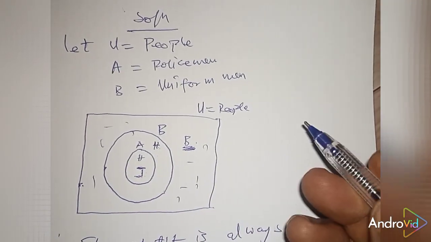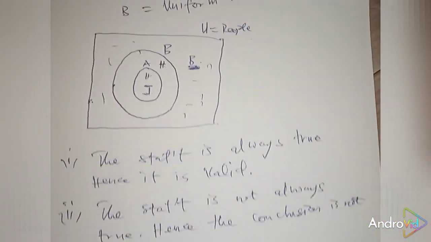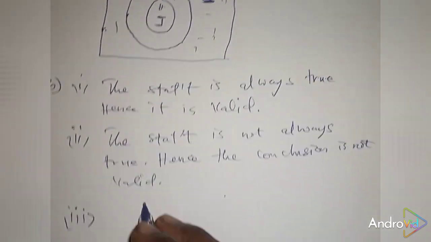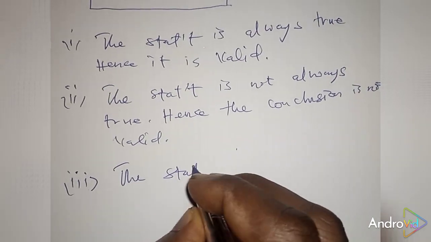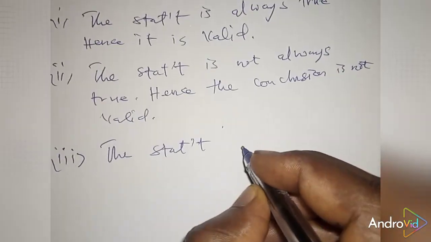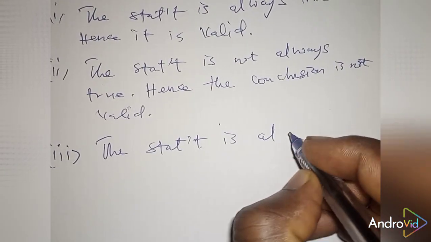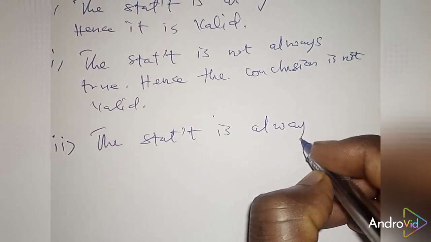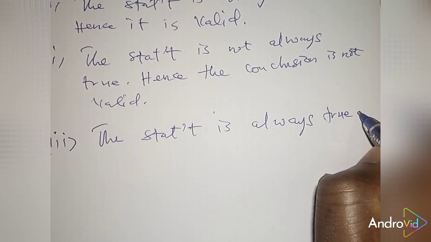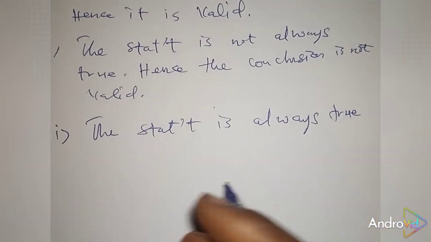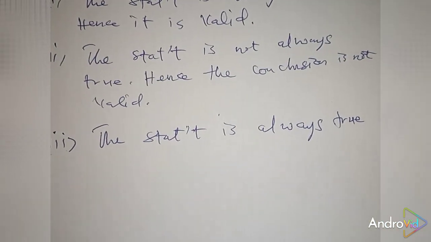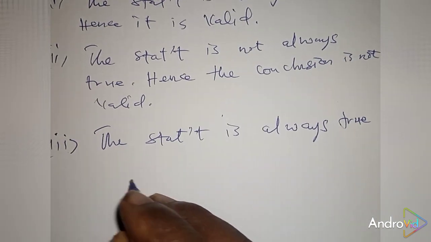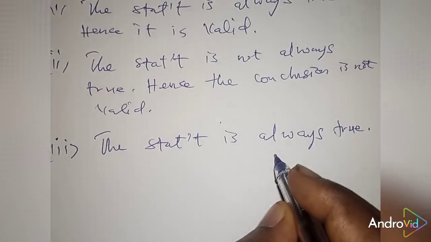She can be a different person, right? Very good. So we can say that the statement is always true, because once Benedicta is not in uniform, then automatically she is not a policewoman. So the statement is always true.